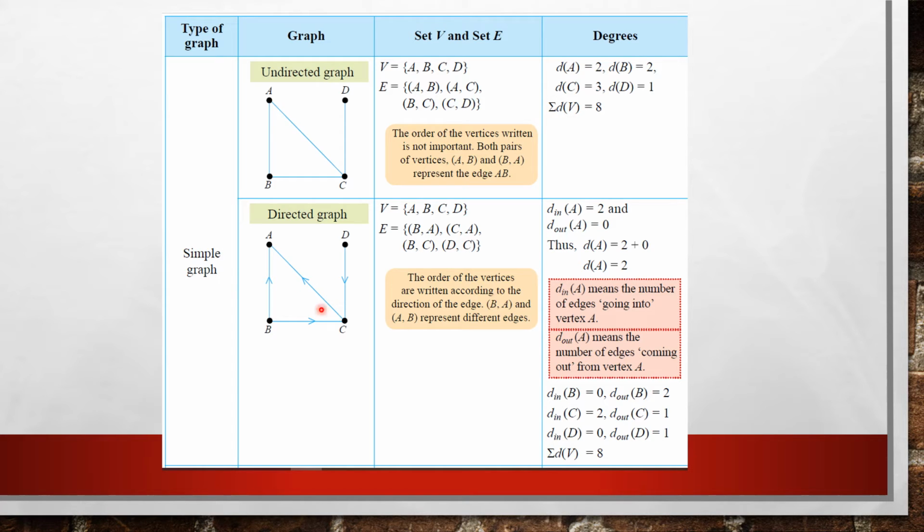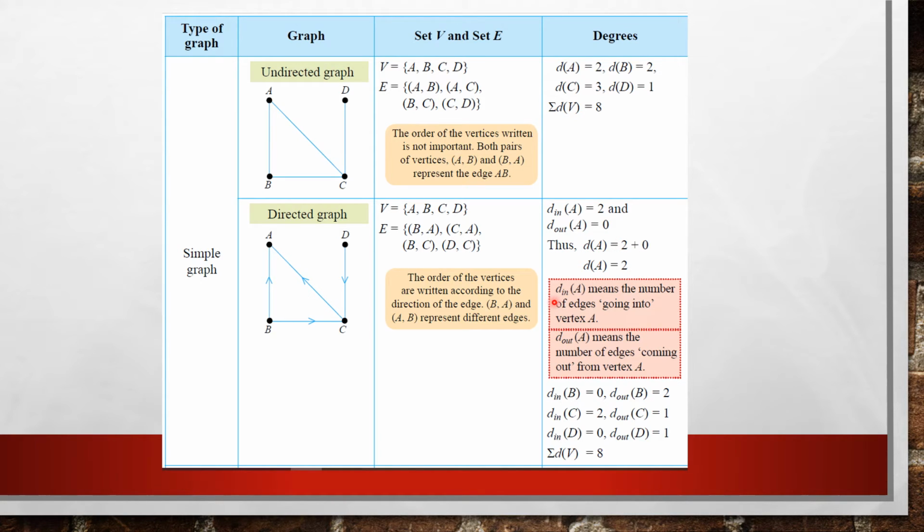Degree out means the arrow is going out from A. There are no lines with the degree out. So degree out A is 0. From here, you calculate the total degree of vertex A. That means 2 plus 0, you will get 2.